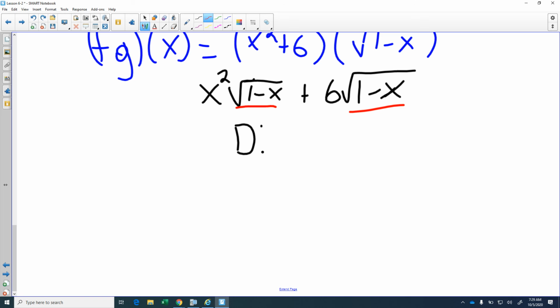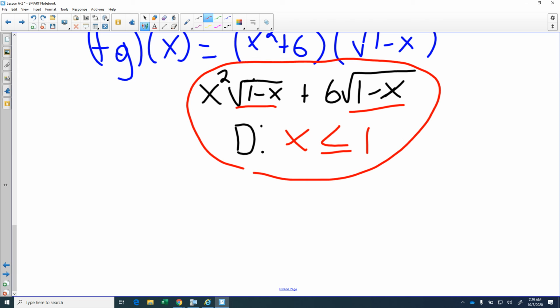So for my domain, x has to be less than or equal to 1. Because I'm basically saying that I can use any value of x besides anything greater than 1. If I plug in anything bigger than 1, for example 2, both those square roots would become negative.